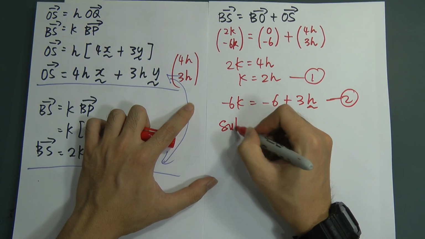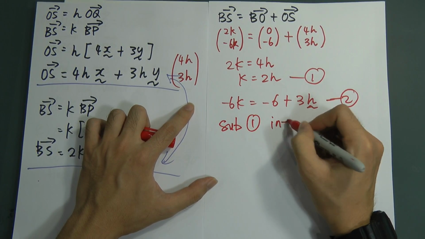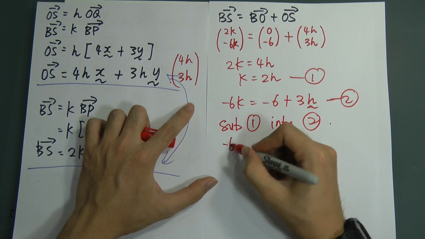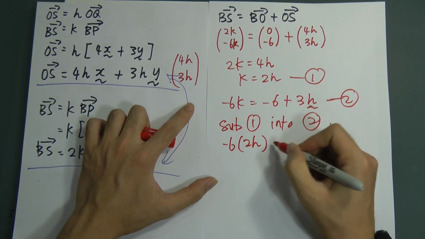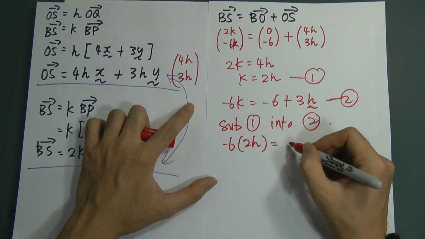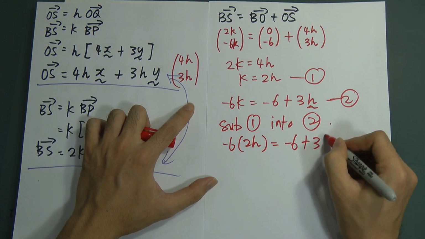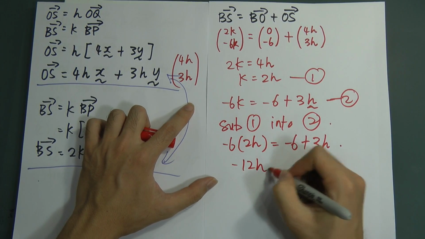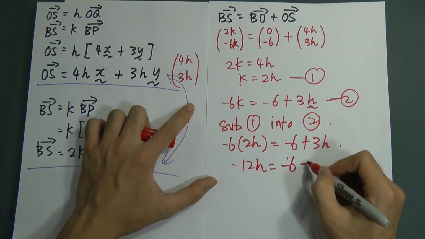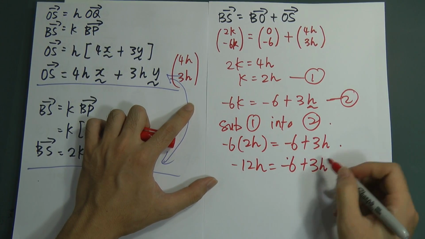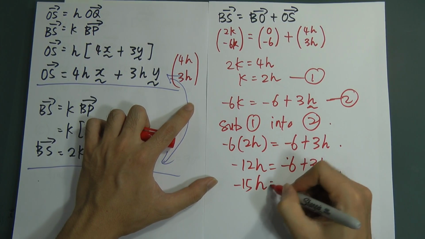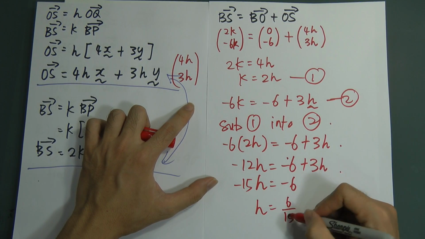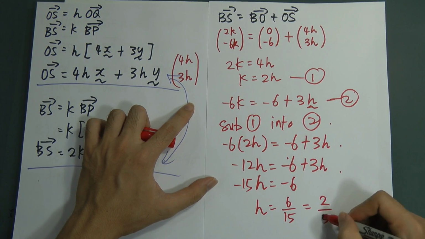I substitute the first into the second: negative 6 times 2h equals negative 6 plus 3h. Therefore negative 12h equals negative 6 plus 3h, so negative 15h equals negative 6. So h equals 6 over 15, which is 2 over 5.